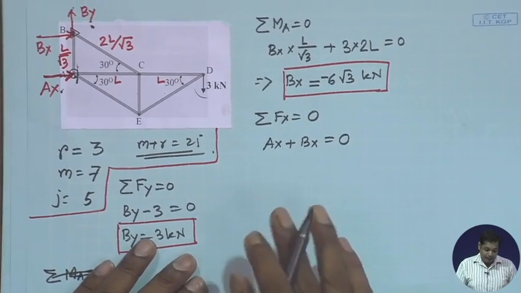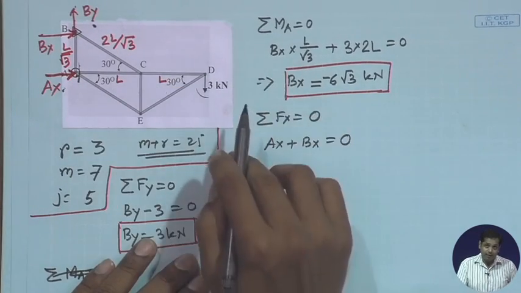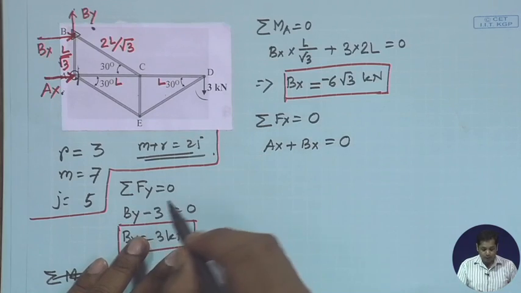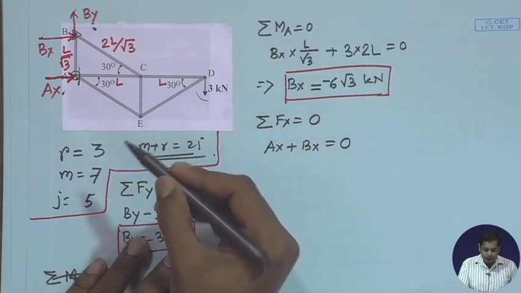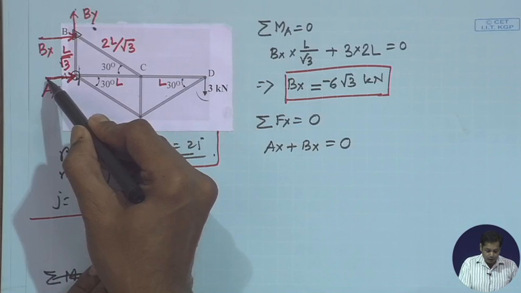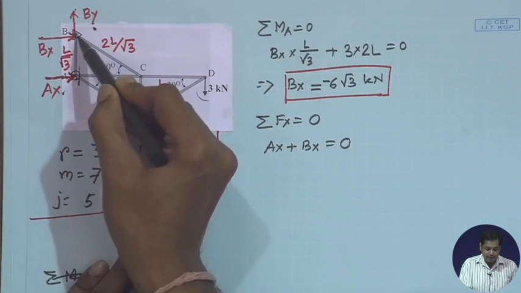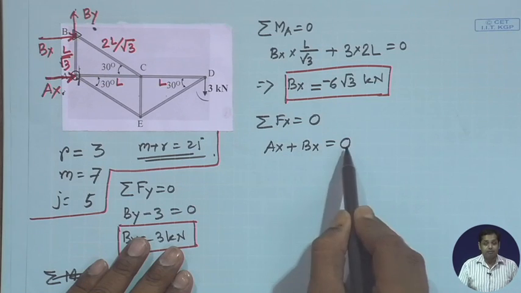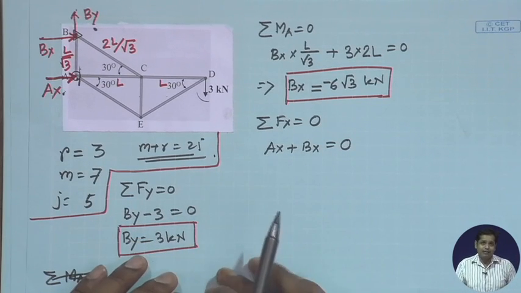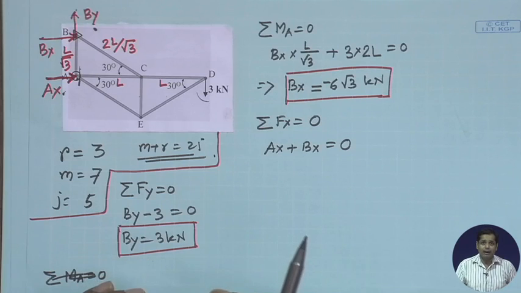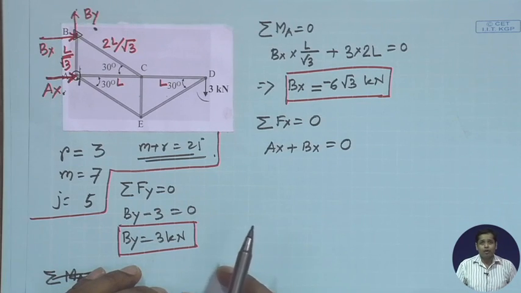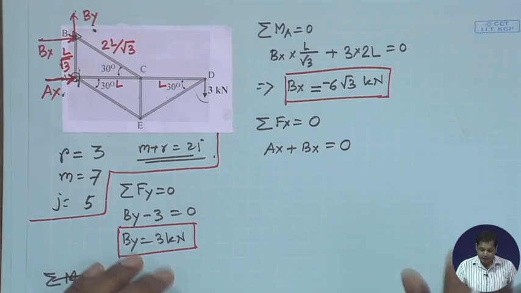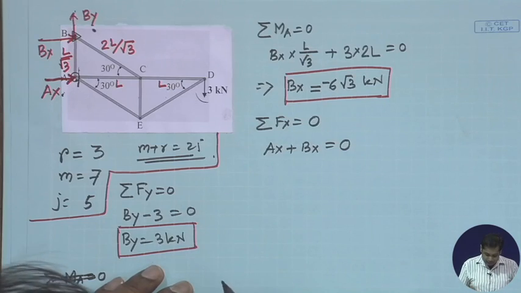Again I am repeating, you could have done it like this: you could have shown Ax in this direction and Bx in the opposite direction. In that case, it will be Ax minus Bx is equal to 0. But try to avoid that, because whatever sign convention you have fixed for your free body diagram, please be consistent with that.